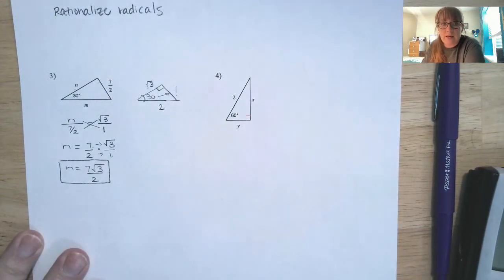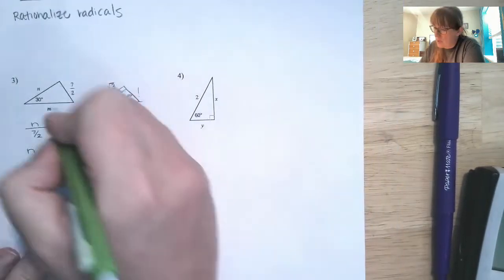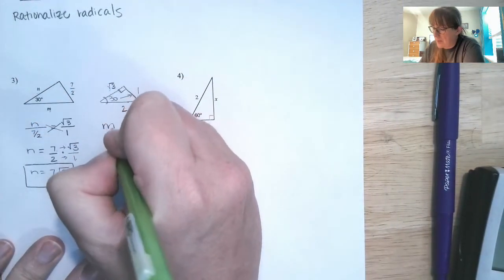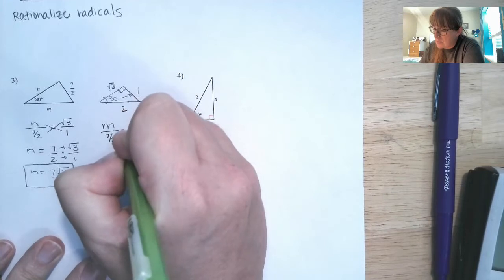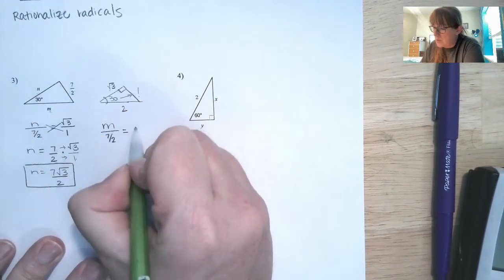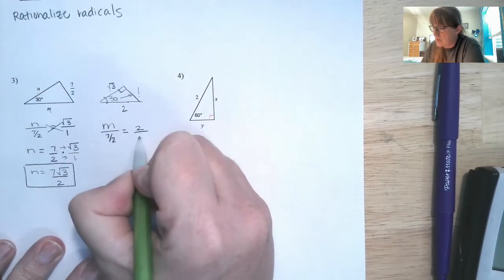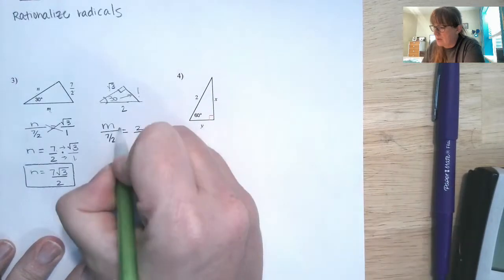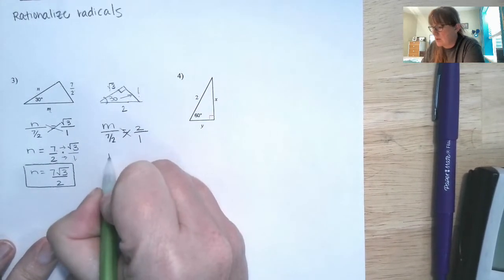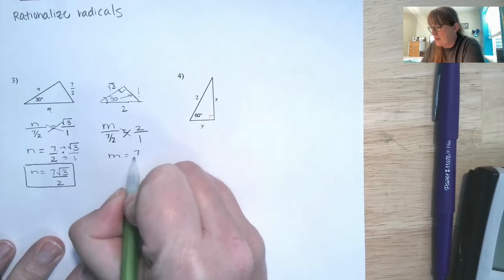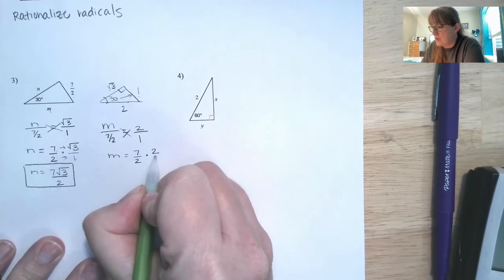All right, now let's find the m. So we'll go m over 7/2. M corresponds with 2. 7/2 corresponds with 1. Cross multiply. So m times 1 is 7/2 times 2.